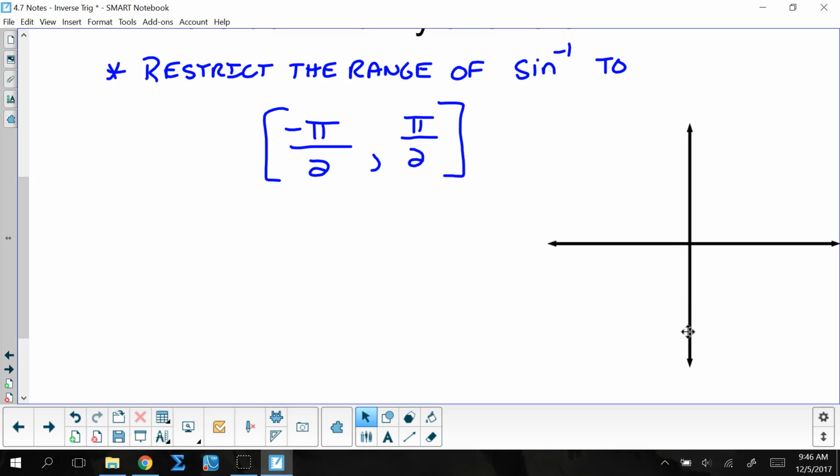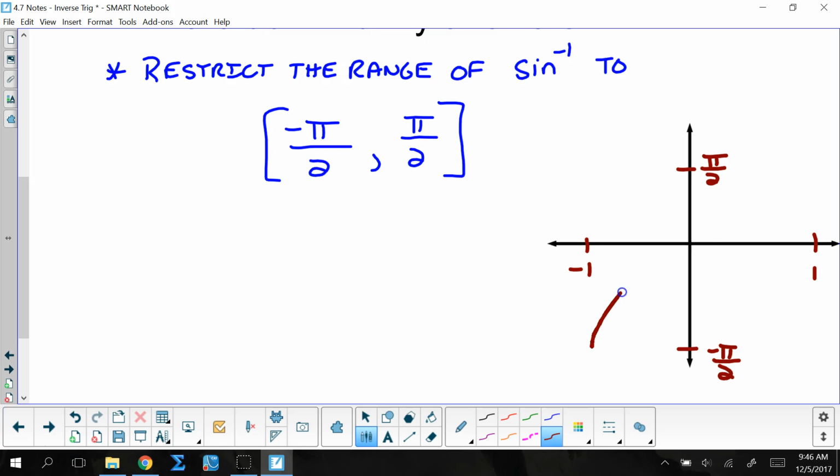So I am going from negative 1 out to positive 1. And I'm going from positive pi over 2 down to negative pi over 2. So my graph at negative pi over 2 of the inverse sine, I'm at negative 1.